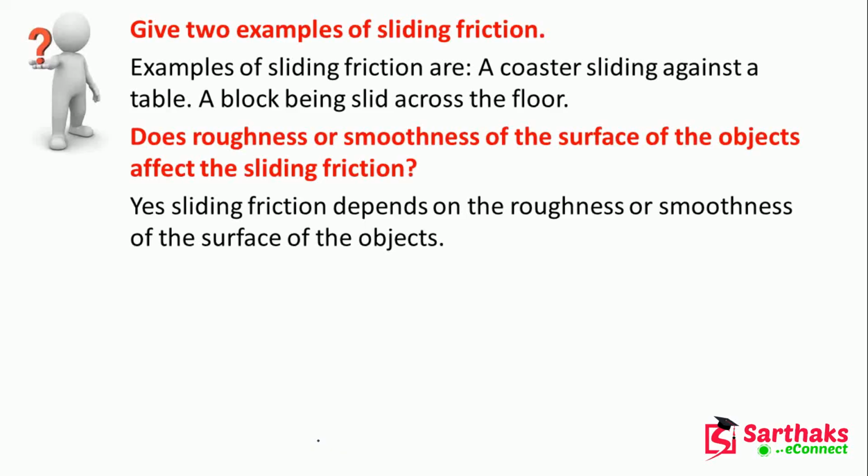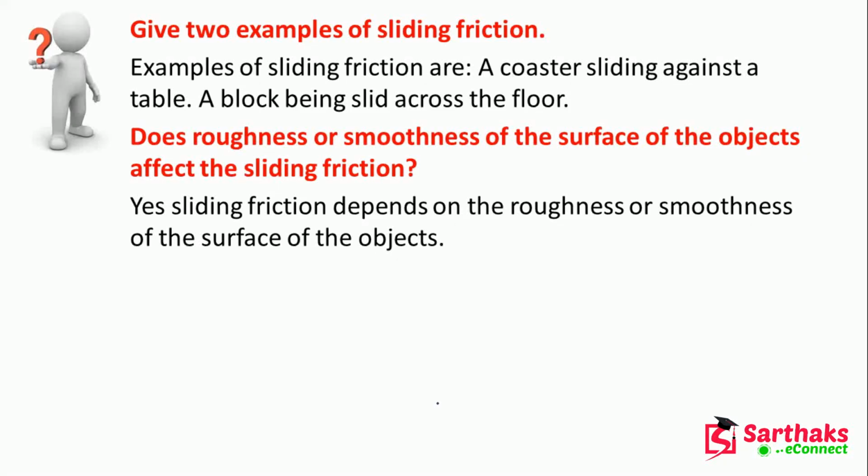So at that time, sliding friction: a coaster sliding against a table. If you are playing cards, you can give the example of the card. A block being slid across the floor can also be an example of the sliding friction.